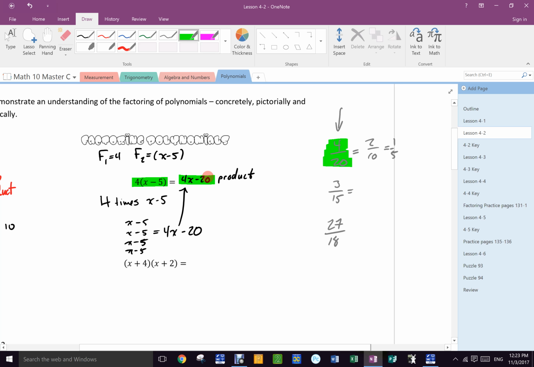Divide, right? And you would see that when I do that division, I end up with 4 and x minus 5. Because 4x divided by 4 and 20 divided by 4 gives me those answers.